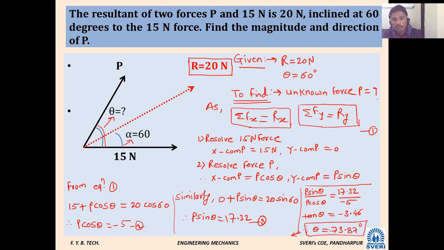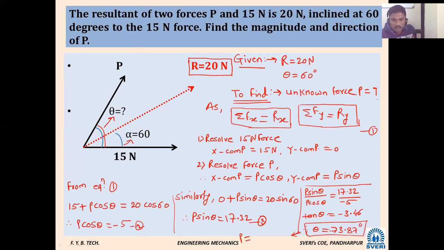Only P. Calculate P. Put the value in either equation and tell me the value. Choice is yours.